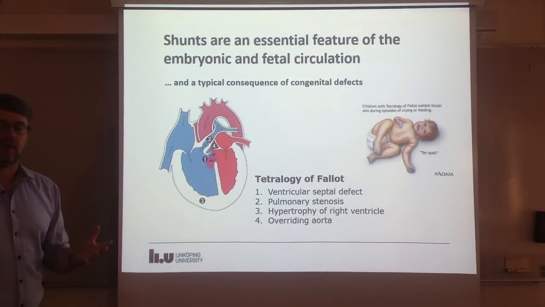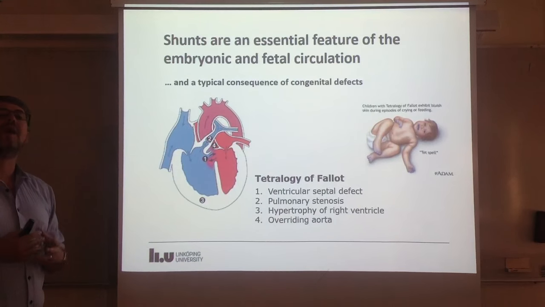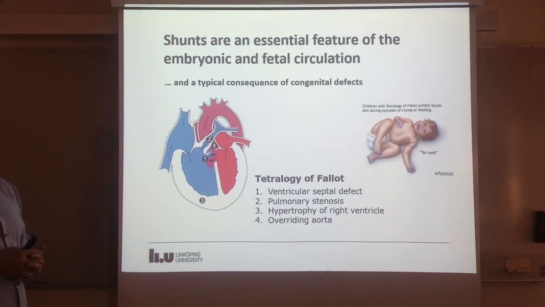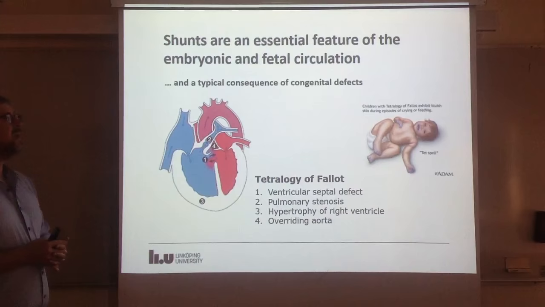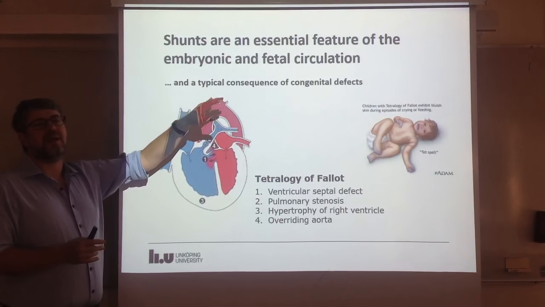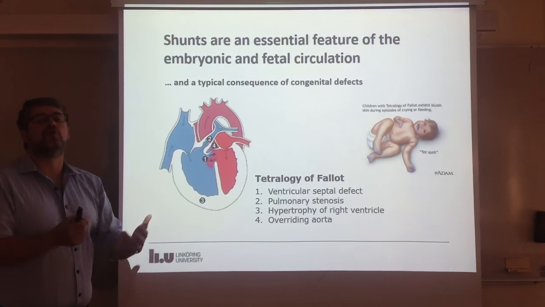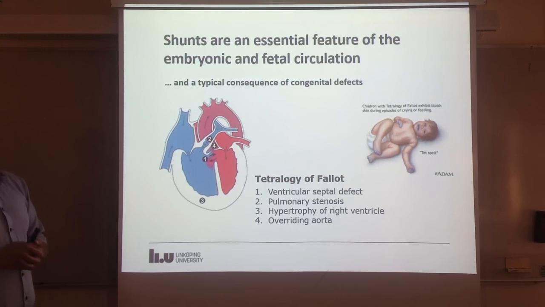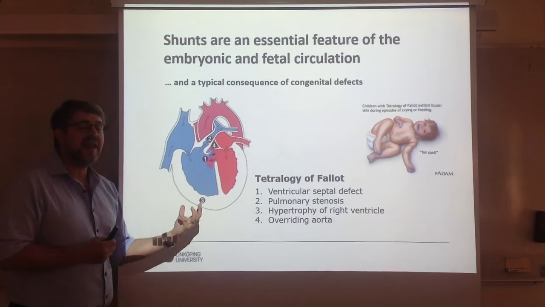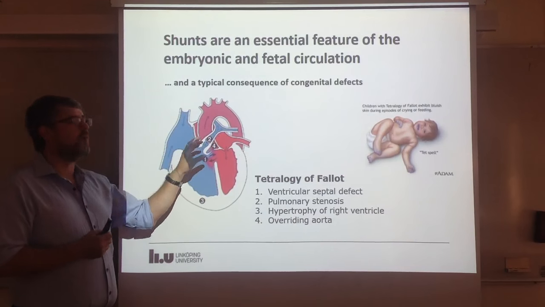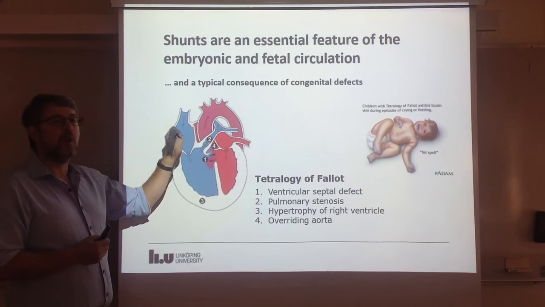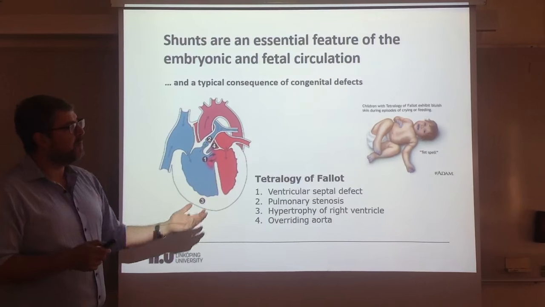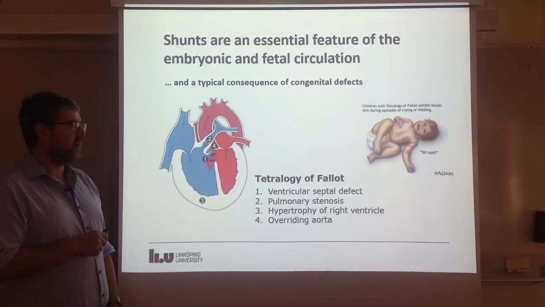They are necessary for things to work and for the cardiovascular system to mature appropriately. But they are also what is at the base of most congenital heart defects. And that means that the failure of closure or malformations around that time will be seen at the time of birth, typically in the form of blue babies.